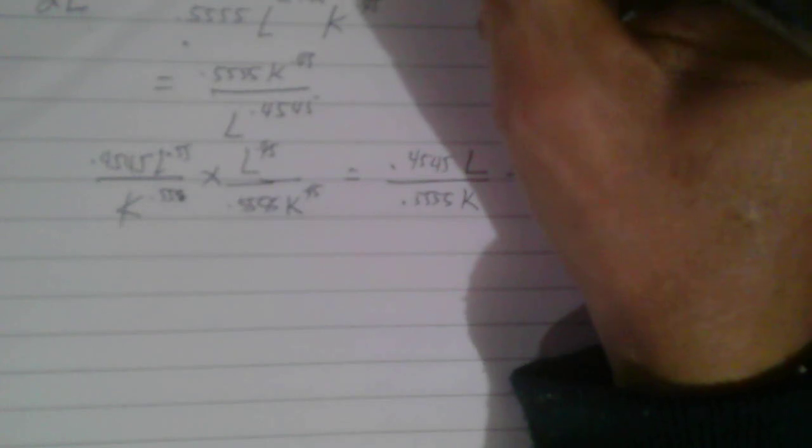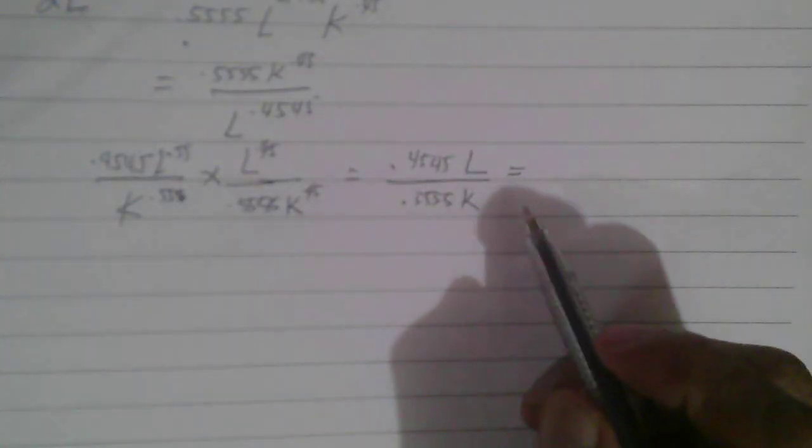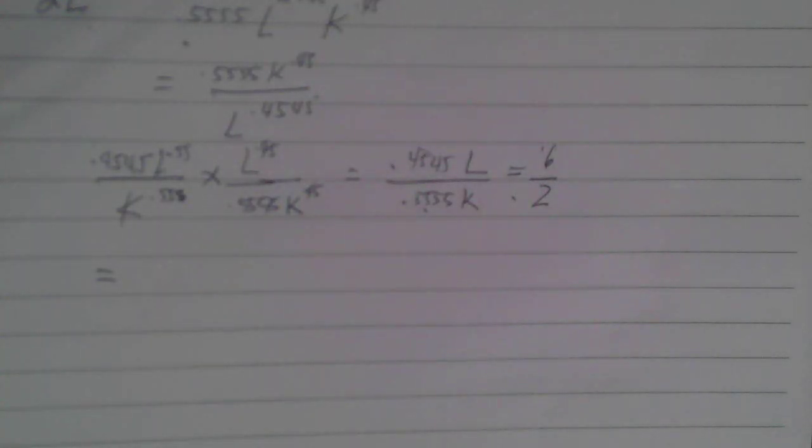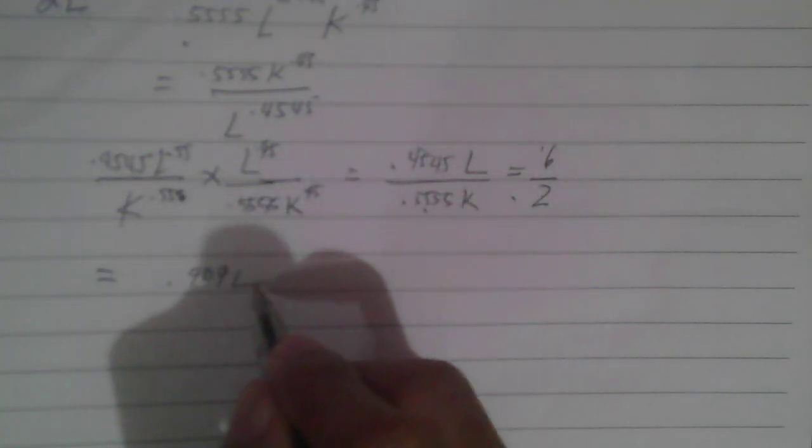Now if the prices are given, if the price of L is 2 and the price of K is 6 over 2, cross multiply. Then 2 times 1 is 0.909 L, right?